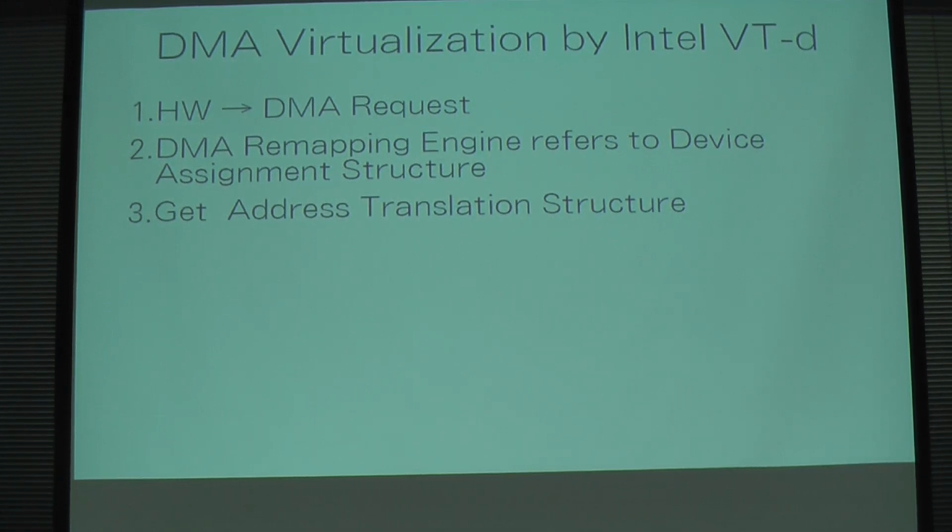So this is the mechanism. A DMA request is executed from hardware, and the DMA remapping engine refers to the device assignment structure and gets a translation structure. This mechanism resembles paging.